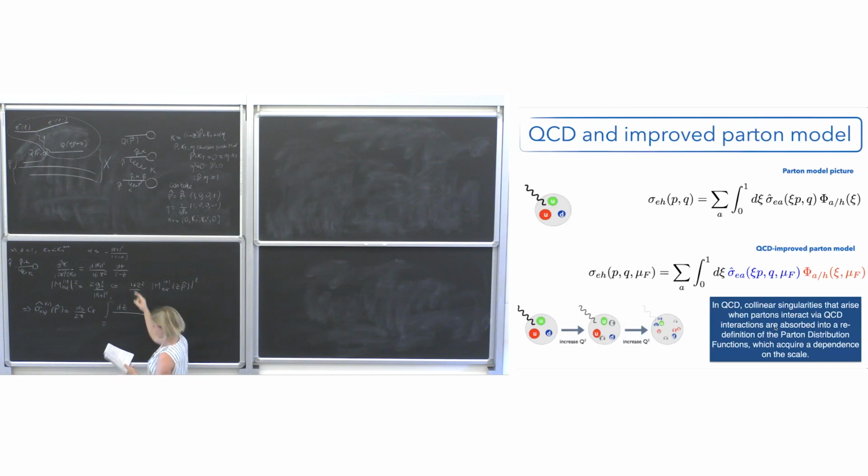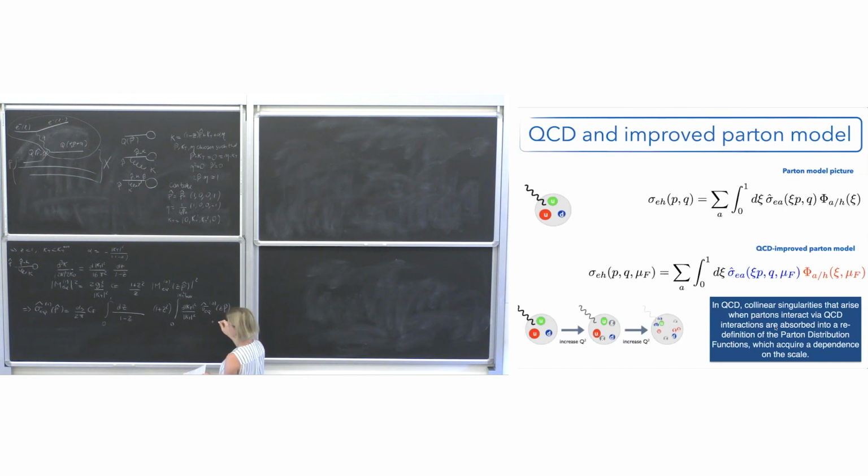So this z comes from the phase space, 1 minus z again comes from the phase space, 1 plus z squared, and then you have the integral over kt that goes up to the maximum kinematics you can get. And then you have sigma hat EQ 0, so the cross-section you would have for the tree-level.